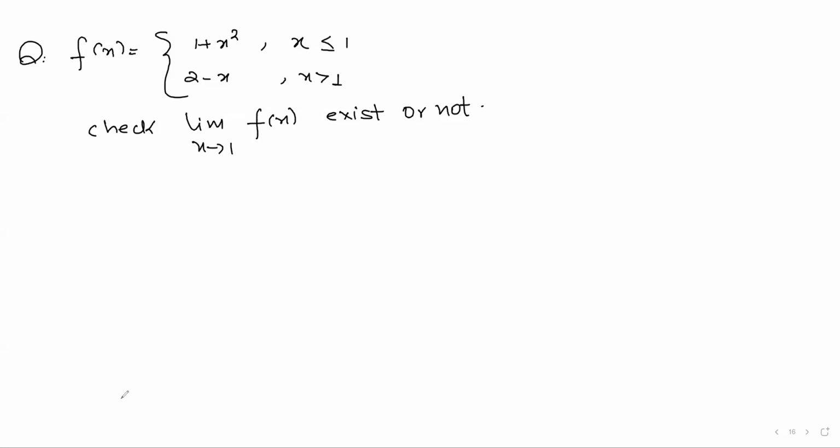सर लेफ्ट हैंड लिमिट हम फाइंड करने के लिए फर्स्ट वैल्यू लेंगे ना, 1 + x². Limit x tends to 1 minus, minus का मतलब less than 1.